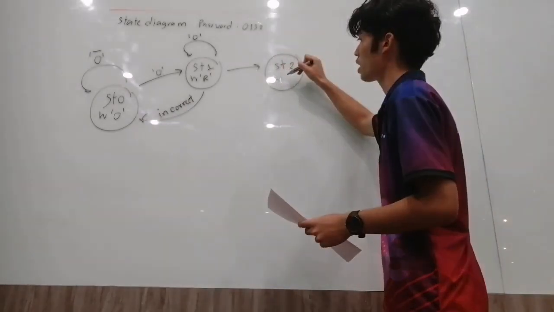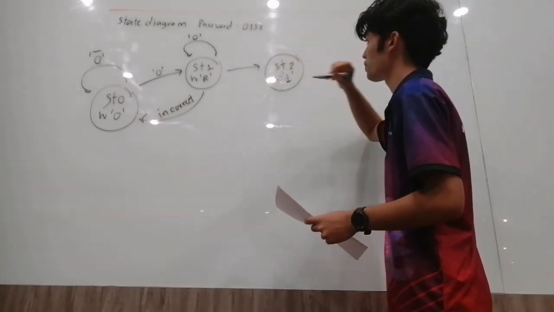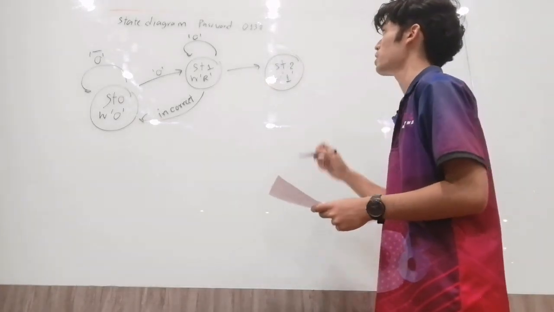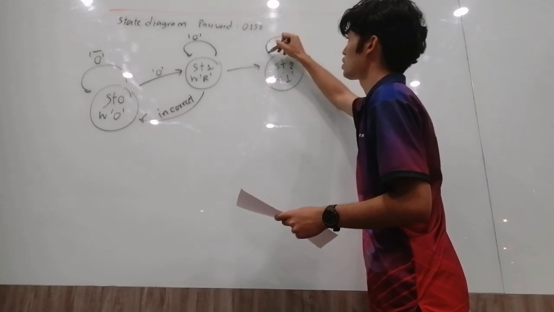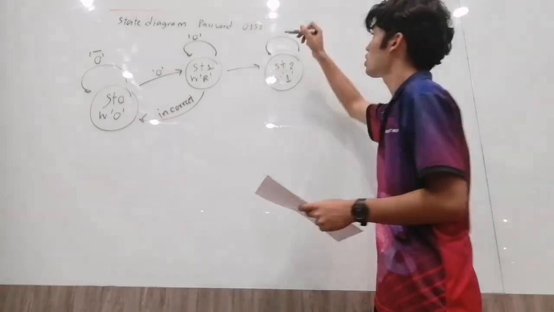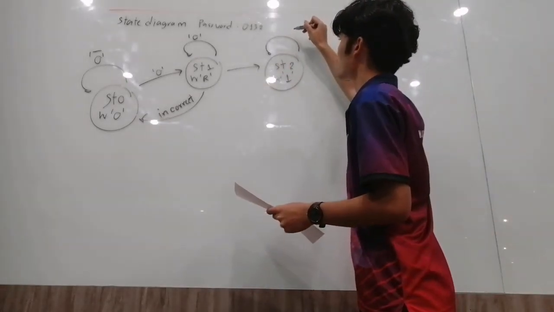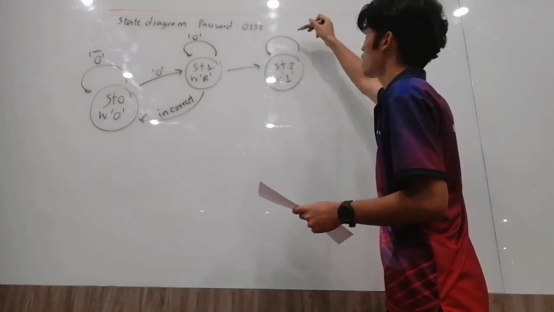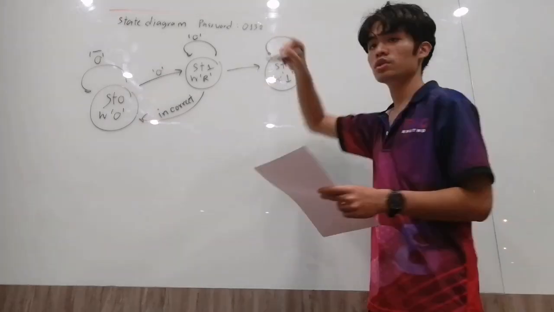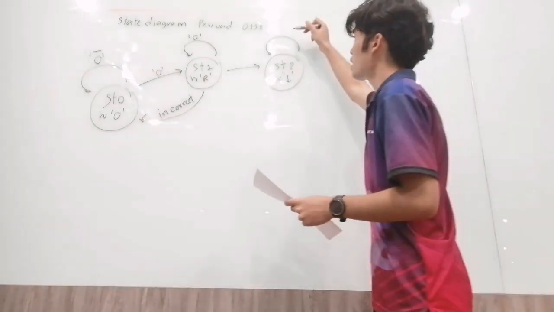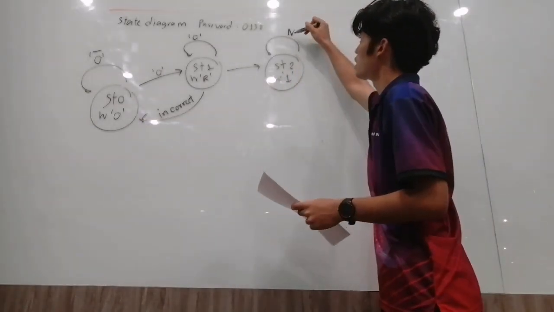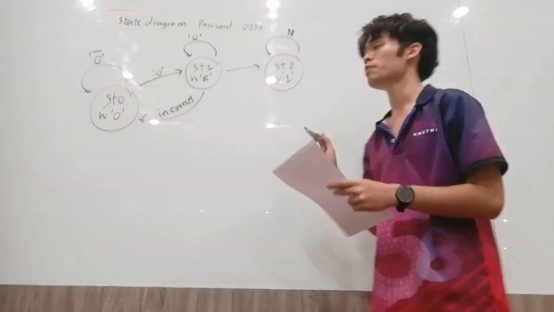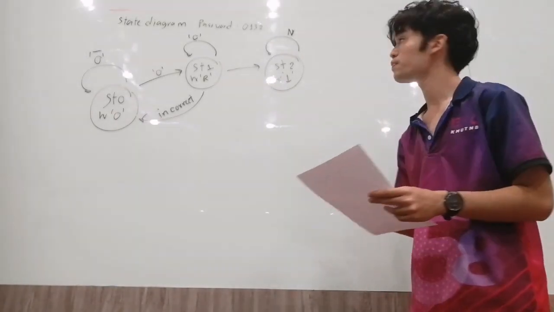Wait for 1. If we don't push the button, it's still in state 2. We use N to mean no press of the button.